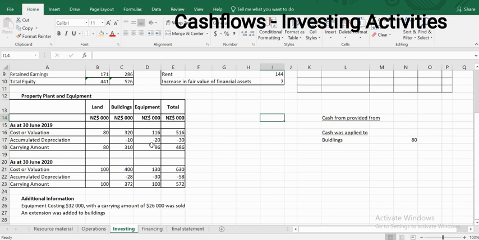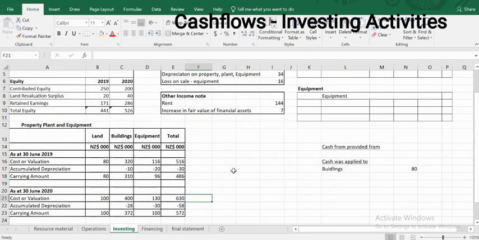We're now going to look at equipment. And we've got additional information here, and it says equipment costing $32,000 with a carrying amount of $26,000 was sold. So we know that we've sold equipment. And if we look here, we've gone from $116,000 worth of equipment to $130,000 worth of equipment. So we must also have bought equipment along the way too.